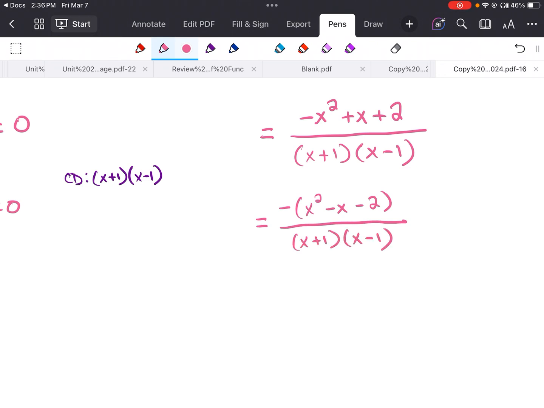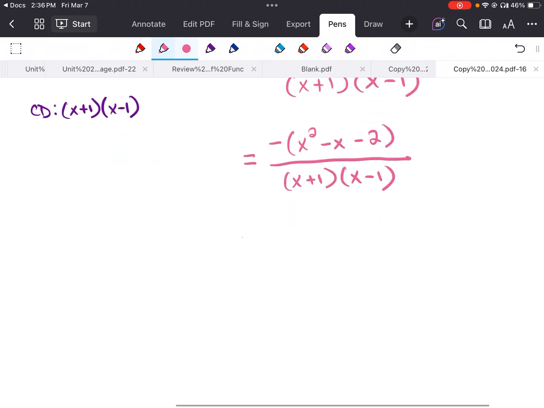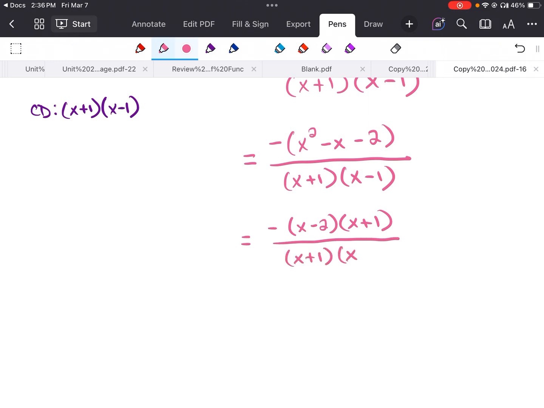Scrap what I said about not caring about the denominator yet. Okay, when we factor the numerator, we get x minus 2, x plus 1 over x plus 1, x minus 1.